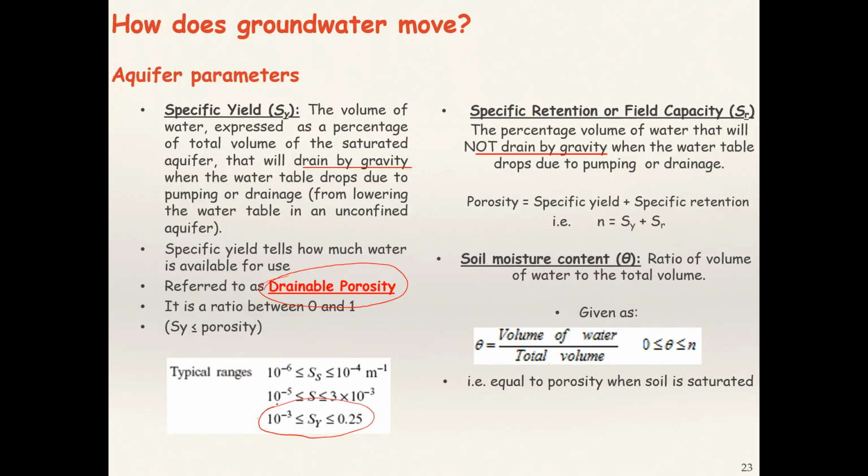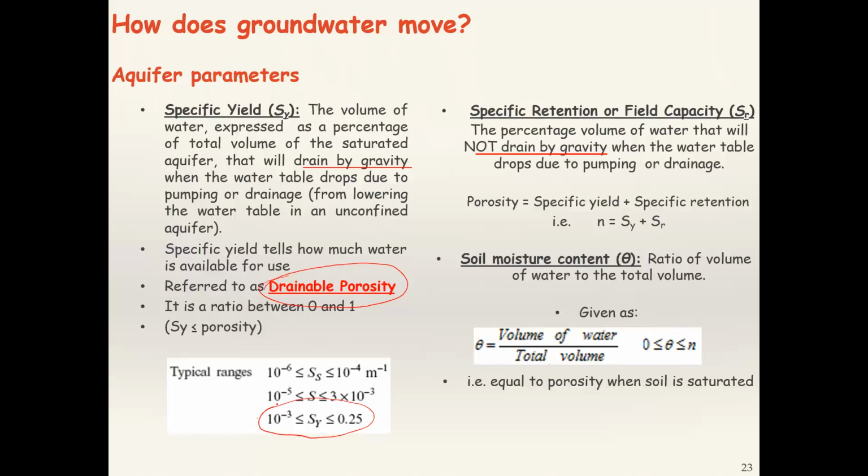What is the reason this water does not drain under gravity? It is because of the attraction, or the suction head, between the soil and the water particles. So this suction head is higher for clay, but for gravel, it is very small. But still, you cannot drain out 100% of the water. A small amount of water will be retained by the soil particles.